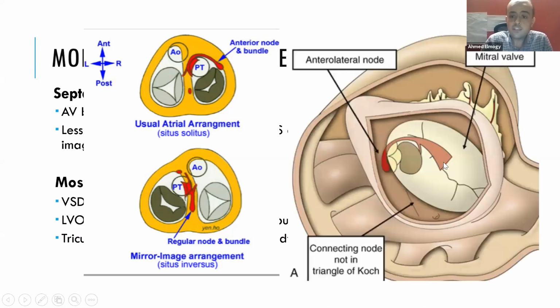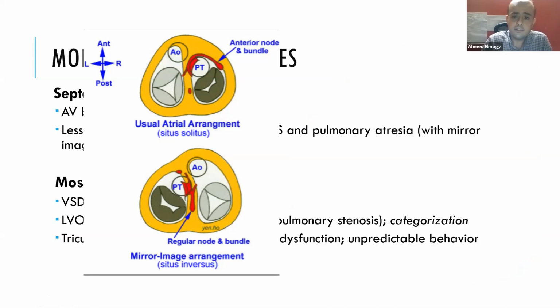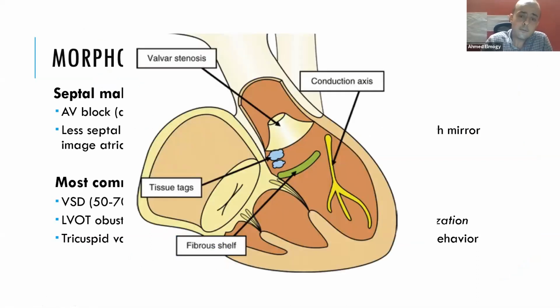And here's another picture of the relation of the AV bundle, which runs beneath the pulmonary valve in a supra-anterior relationship to the VSD, dividing into left bundle and right bundle. The causes of LVOT obstruction are variable: tissue tags from the insinuated valves, sometimes fibrous shelves, sometimes muscular hypertrophy in the LVOT of variable degrees.